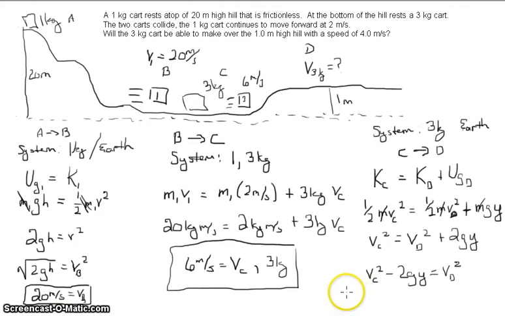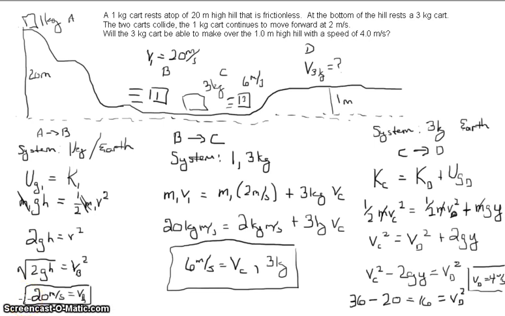After the collision, it's moving at 6 meters per second, so this will be 36 minus 2 times 10 times 1, which is 20, which gives me 16, and that will equal vD squared. You take the square root, and we know the velocity at D is 4 meters per second. So it will just have enough energy to be traveling at 4 meters per second at D, so we can answer this question.